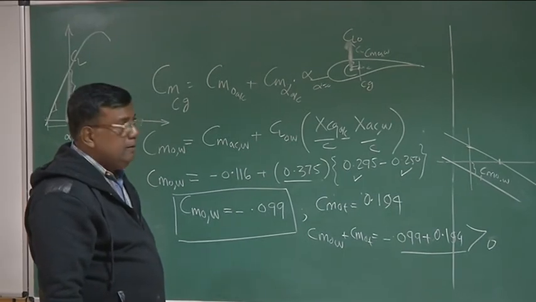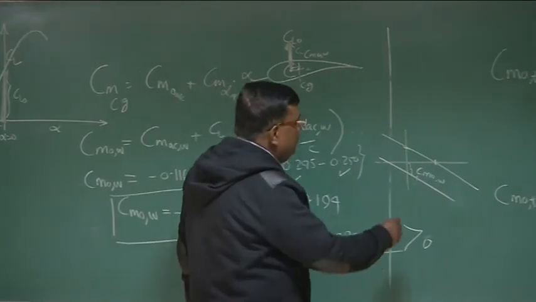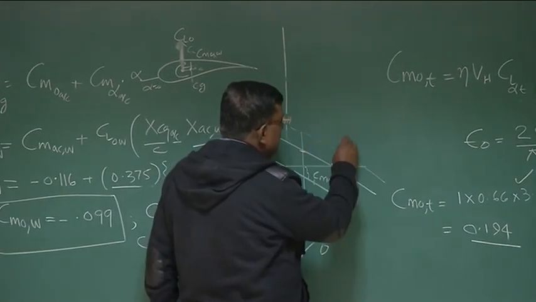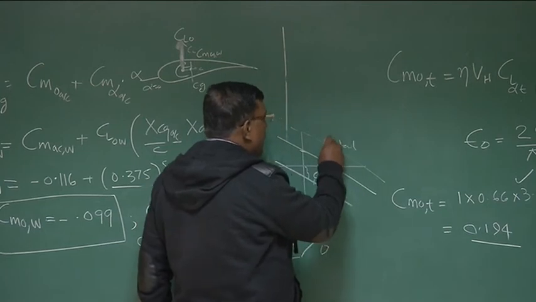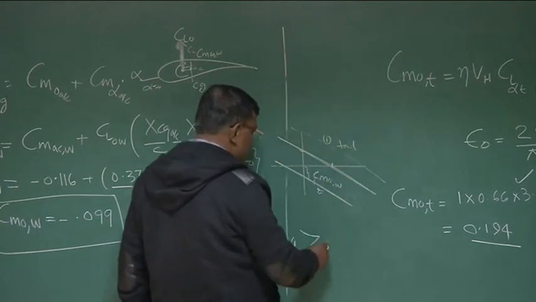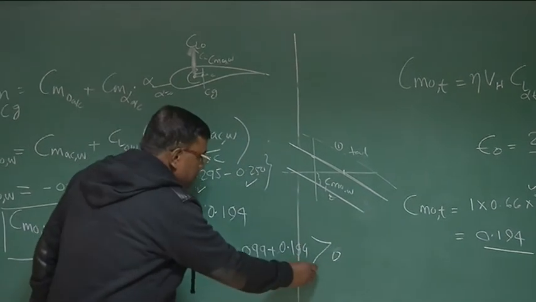Okay, this is clear? So this is because of wing, and then somewhere because of tail is here. When I add this 1 and 2, somewhere I get here, which is this value.